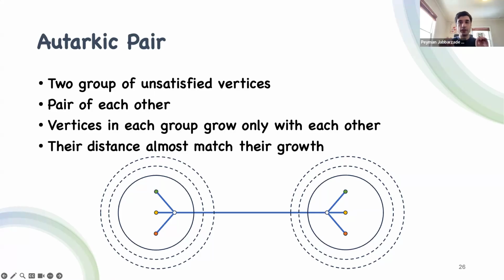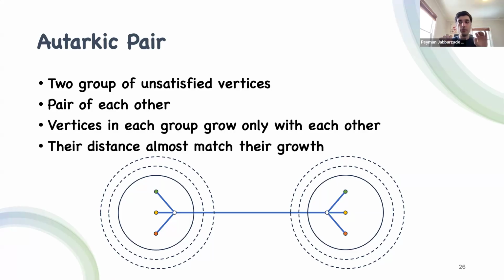And these vertices in one group need to connect to vertices in the other group. They are pairs of each other. And the moats that connect these two vertices together almost only contain these vertices. It doesn't contain other vertices. Basically, they are isolated from the other components.